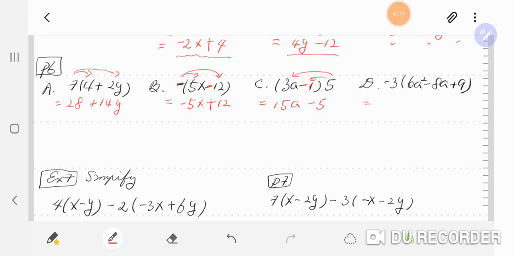6a squared. 6a squared is multiplied by negative 3. This whole negative 3. So negative 3 times 6 is negative 18a squared. Okay, the next one is multiply negative 8a by negative 3. So negative 3 times negative 8.